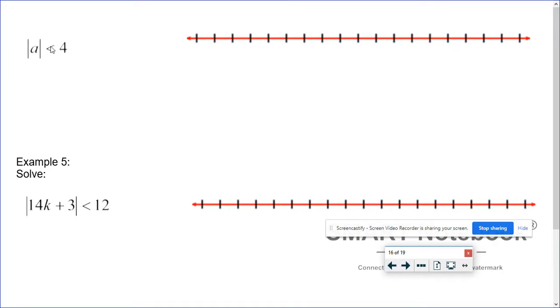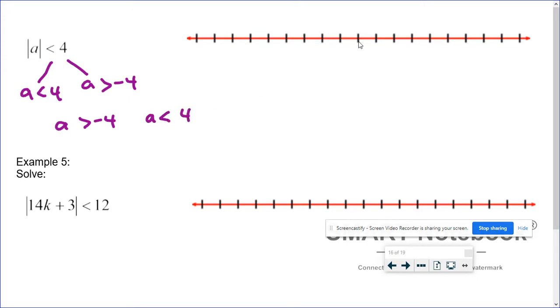Now let's look at what happens if it's less than. So I'll split it just the same. If I assume what's inside is positive, A is less than 4. If I assume what's inside is negative, it'll be A is greater than negative 4. If I flip them around, A is greater than negative 4 and A is less than 4.